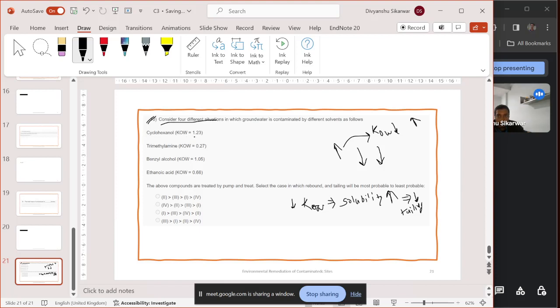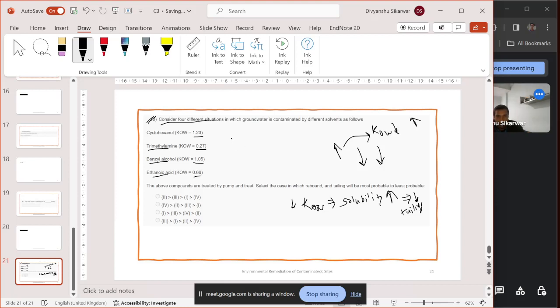Cyclohexanol KOW value is 1.23, but dimethylamine KOW value is 0.27. Benzyl alcohol KOW value is 1.05, and ethanoic acid KOW value is 0.6. So lower the KOW value, higher the solubility.